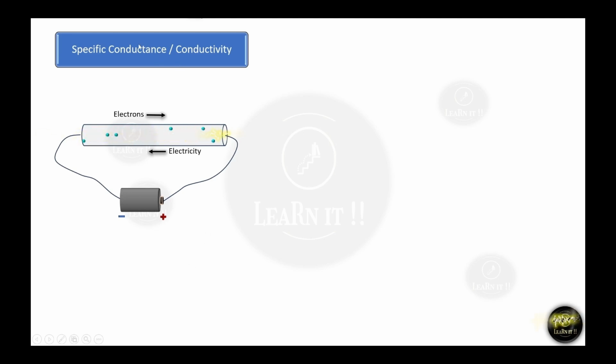Before going on to conductance, we need to know about the resistance. Here the electrons are flowing, but the atoms and other electrons also oppose the flow of these valence electrons. That's why there is resistance. So resistance is the opposition to the flow of electricity or electrons.